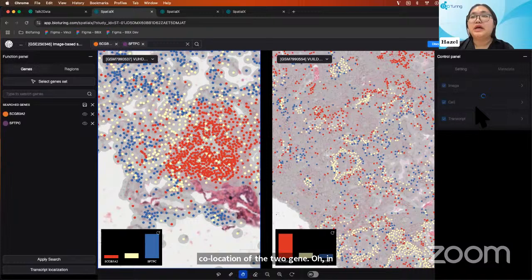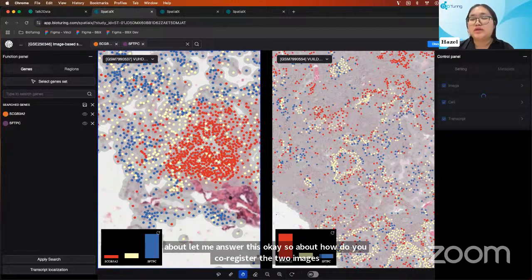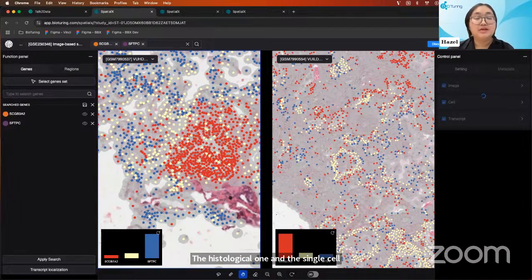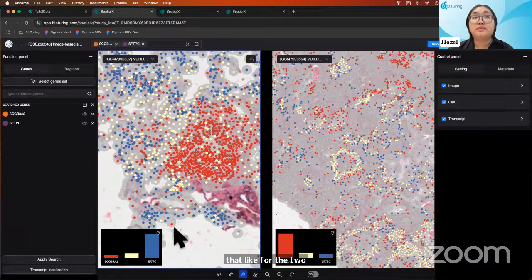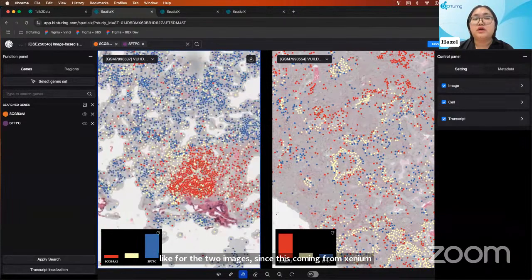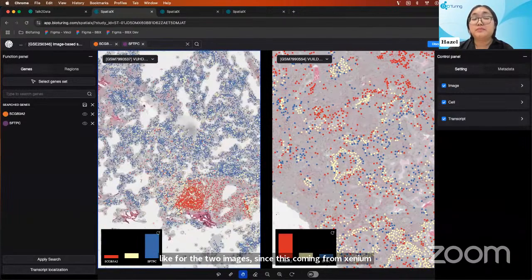Now we have one question from Domingo: how do you co-register the two images, the histological one and the single cell location? For this specific case, I can answer right away. Since the two images come from Xenium, we actually have the alignment from Xenium. They align the H&E, the histological image, with the actual cell location.